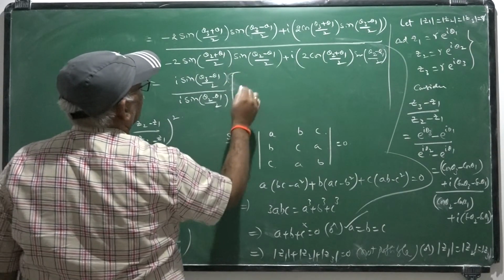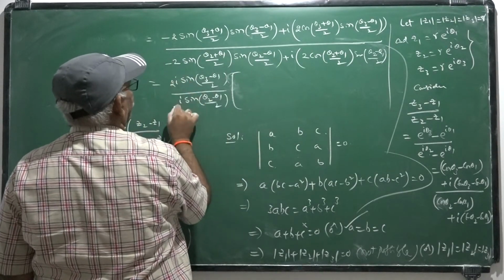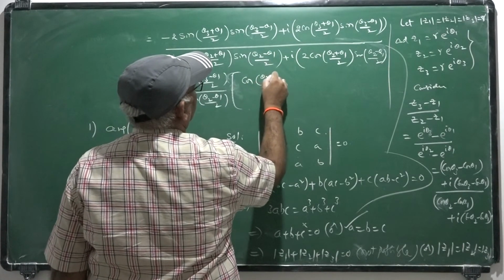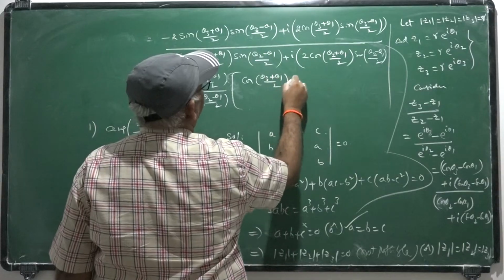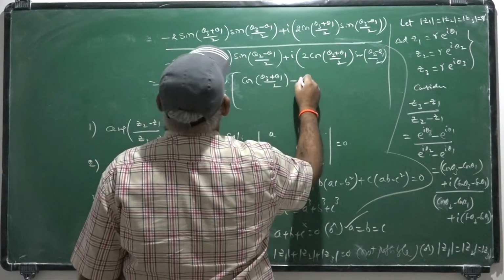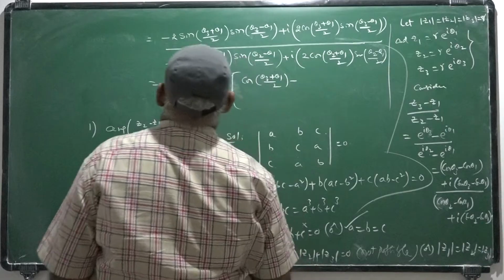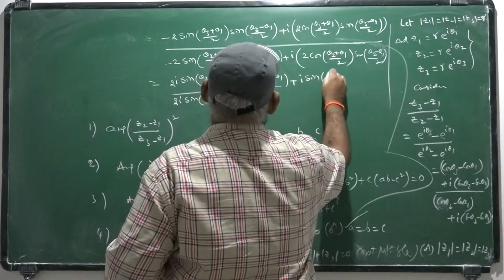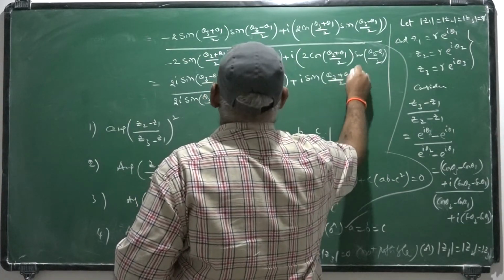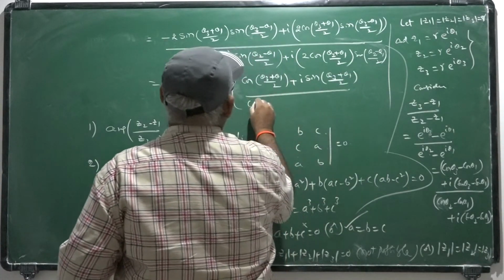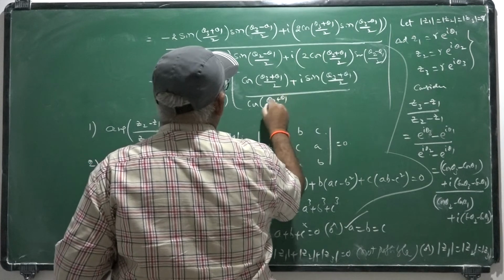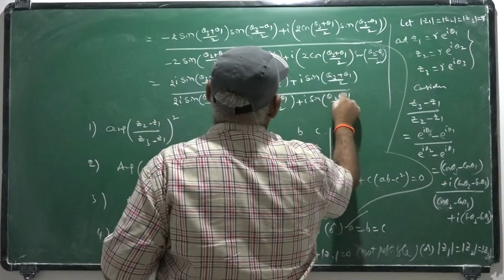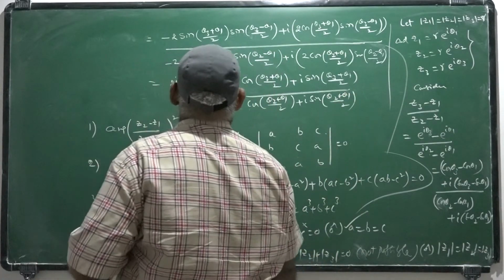You get here, including 2, cos of (theta 3 plus theta 1) by 2 plus i sin of (theta 3 plus theta 1) by 2, by cos of (theta 2 plus theta 1) by 2 plus i sin of (theta 2 plus theta 1) by 2.